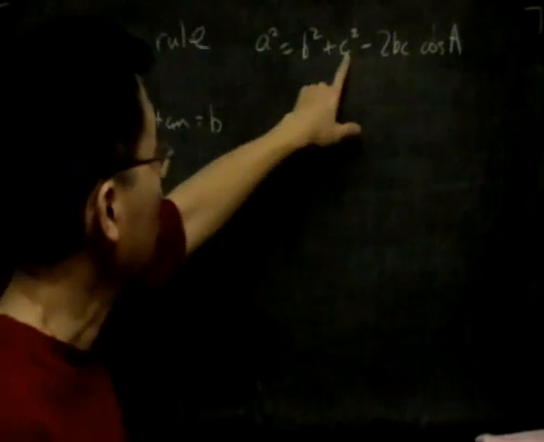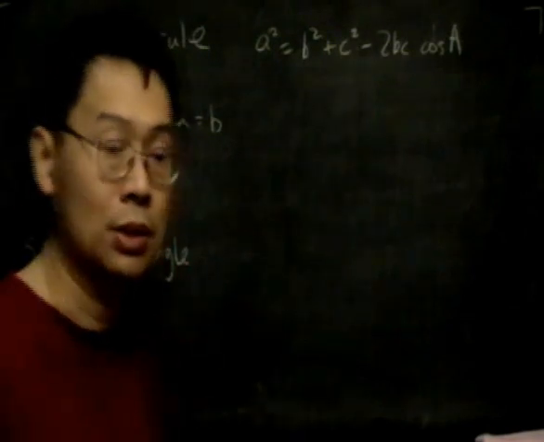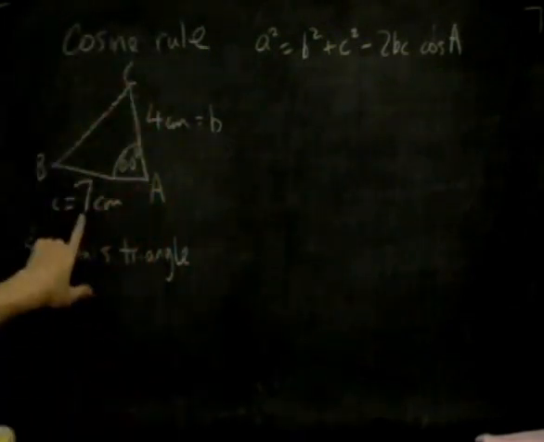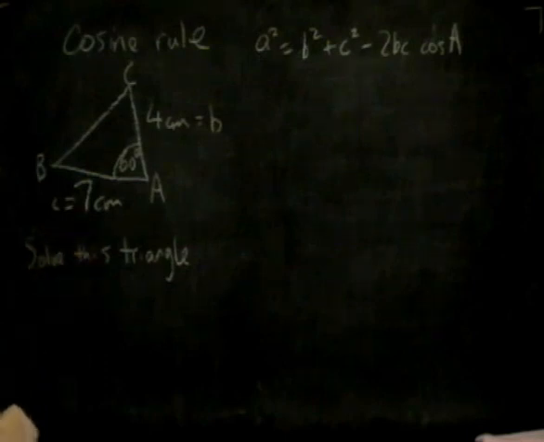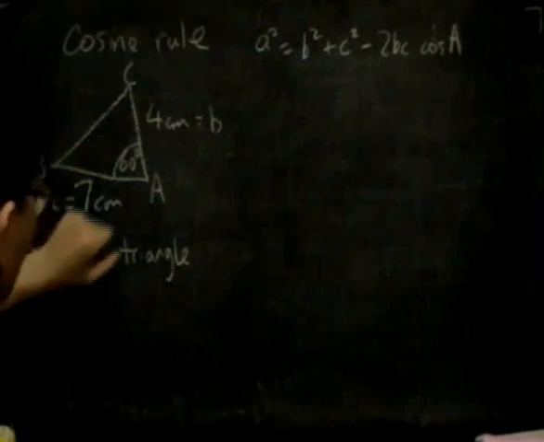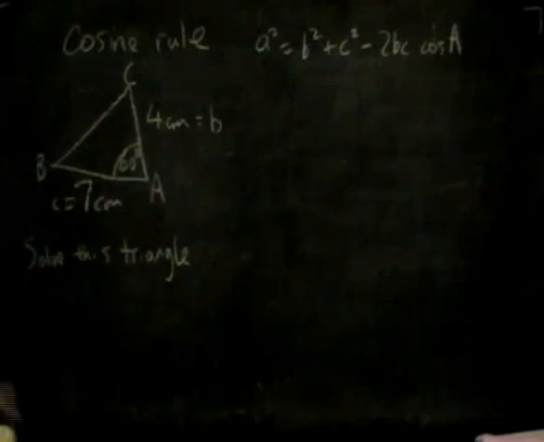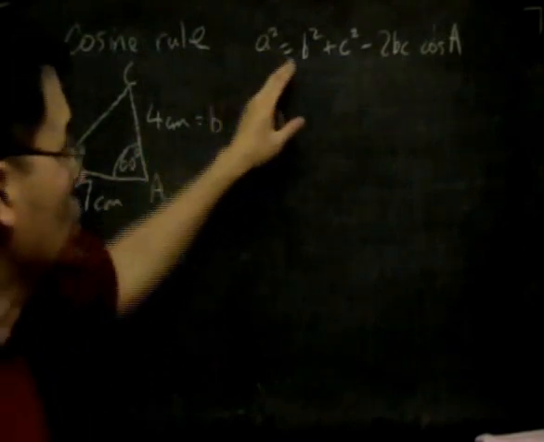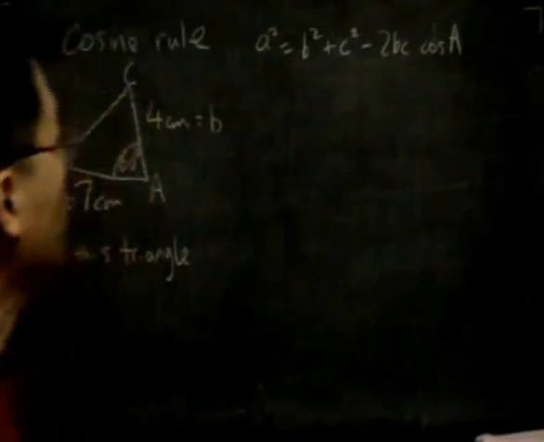B squared plus C squared is the same as C squared plus B squared. Now that we have given letters to the sides and the angles, we can substitute the numbers into the cosine rule.